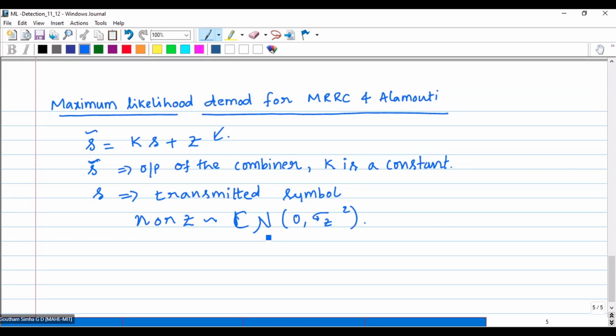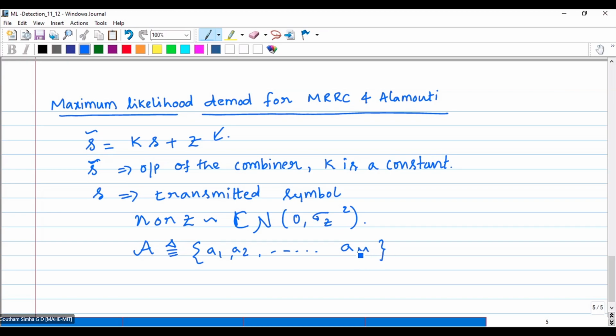The symbol being transmitted is chosen from any M-ary constellation points. That is, if I write that as A, it is any constellation of order M: A1, A2, A3, and so forth, up to AM. M-ary constellation points.